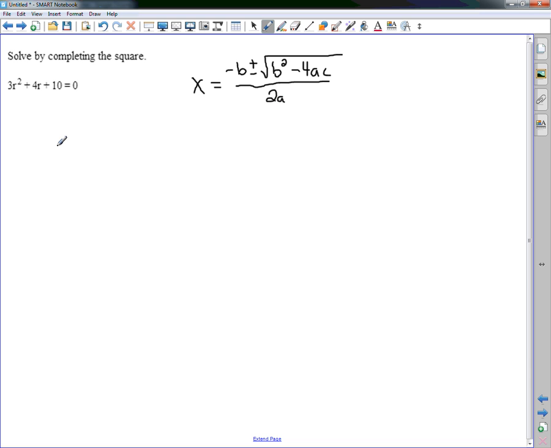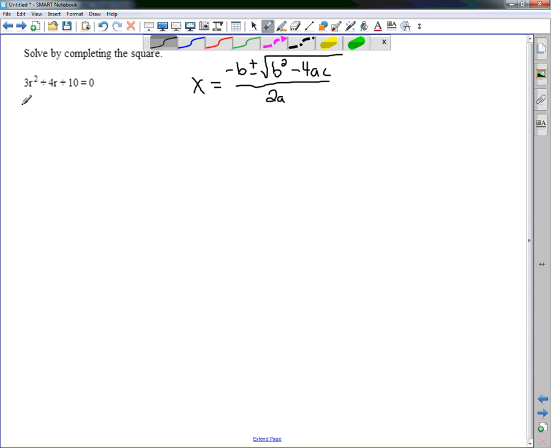Now remember the a, the b, and the c are coming from our standard form, ax squared plus bx plus c equals 0. So my a in this problem is a 3, my b is a 4, and my c is a 10.